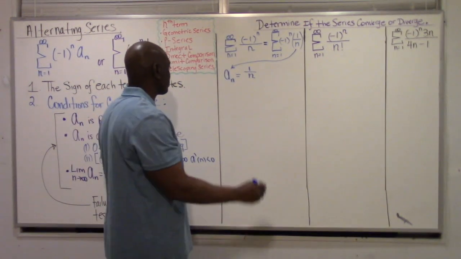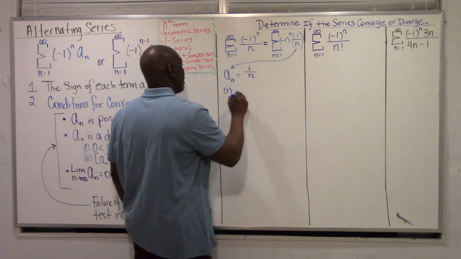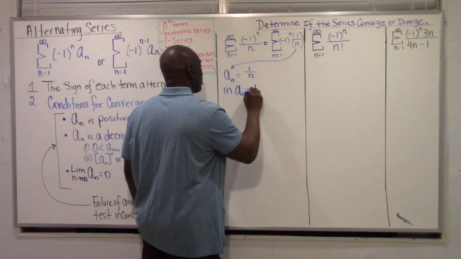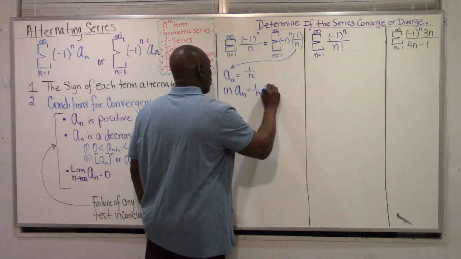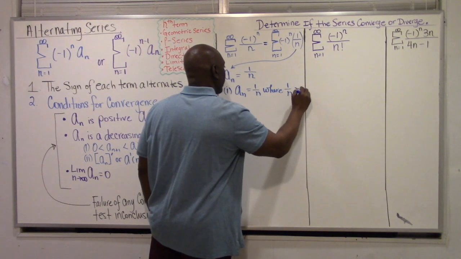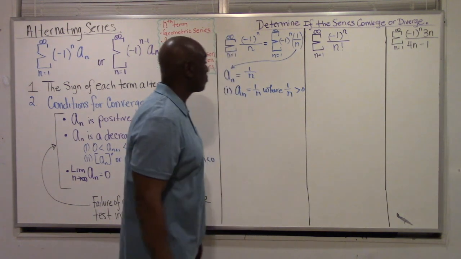Condition 1. The first condition says that a subscript n, which is 1 over n, has to be greater than 0. Well, is that true? Let's see.